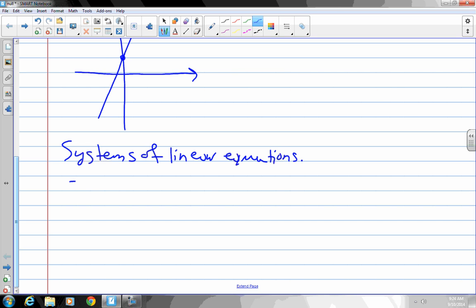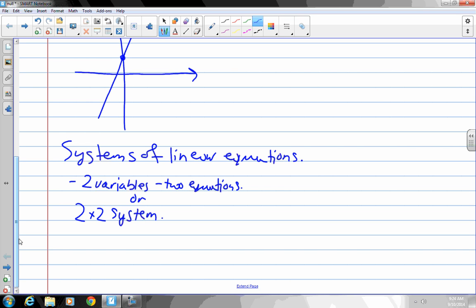So first we're going to look at two variables, two equations, or we usually abbreviate that into a 2 by 2 system. We might take a peek at 3 variables, 3 equations, and so forth. So usually you have the same number of equations as you have variables.